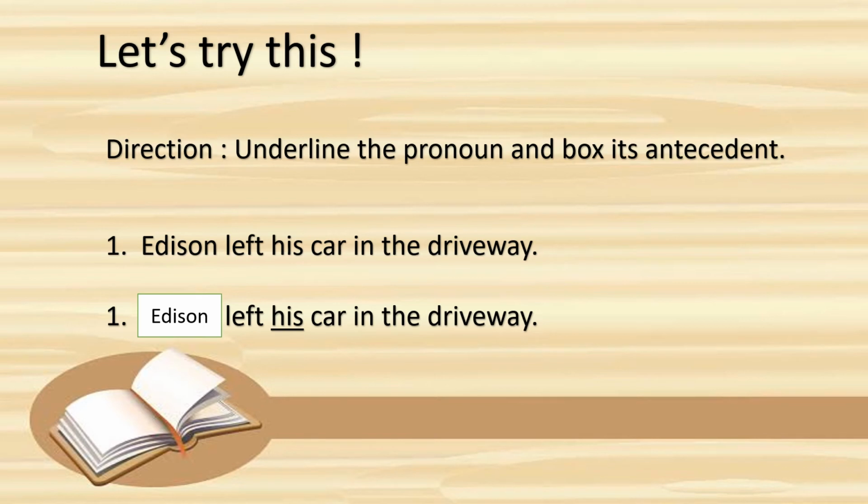Very good. Again, if you are to say takes place, another term for that is replace or substitute. So, his there replaces, substitutes the name of our noun, which is Edison. So, his again is our pronoun there, referring to Edison. Edison is our antecedent.